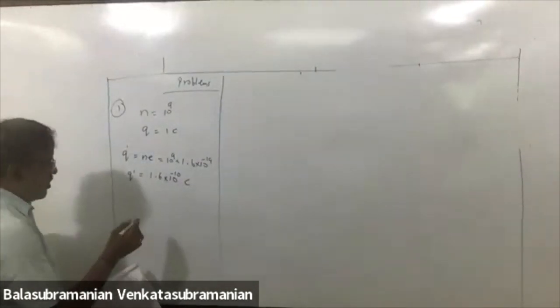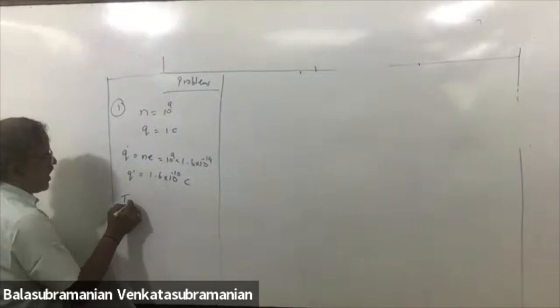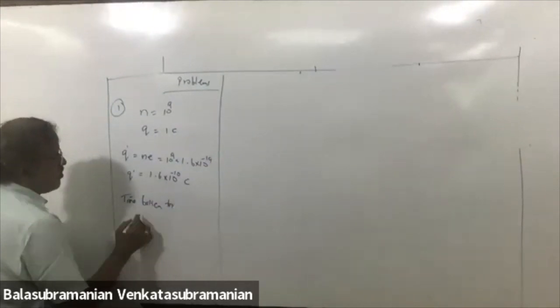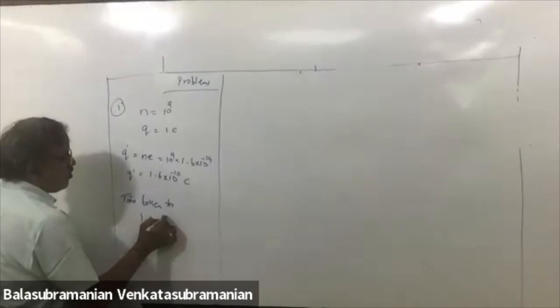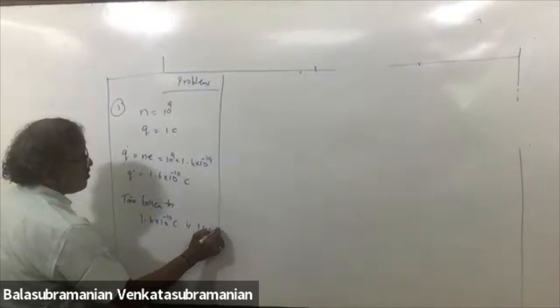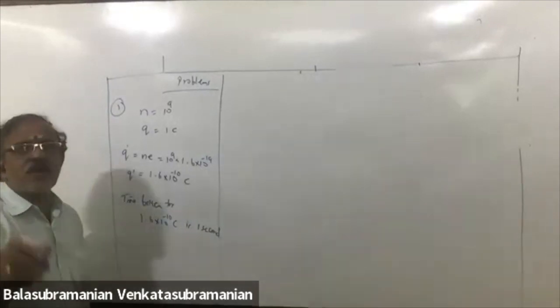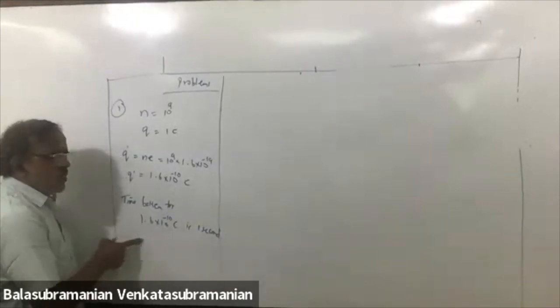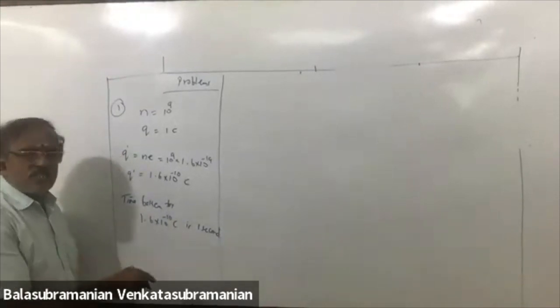That means the time taken for 1.6 into 10 power minus 10 coulomb is 1 second. That is the condition given in the problem. We don't want this charge, but we want 1 coulomb charge.